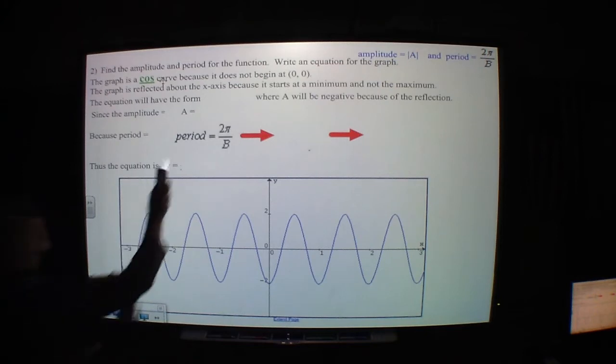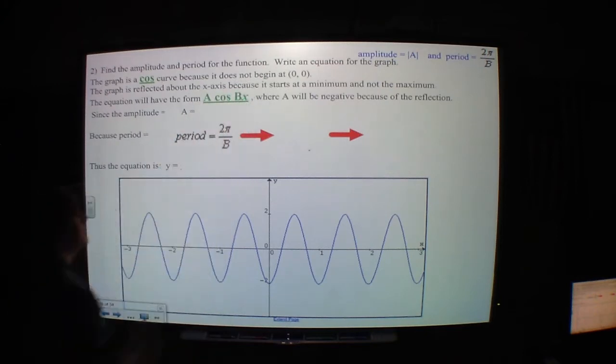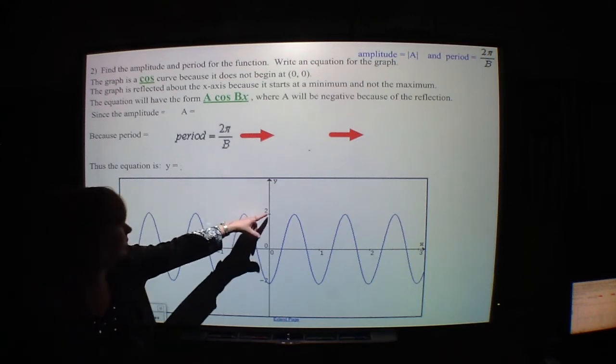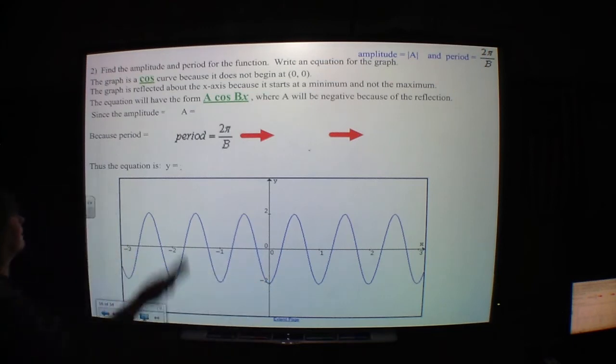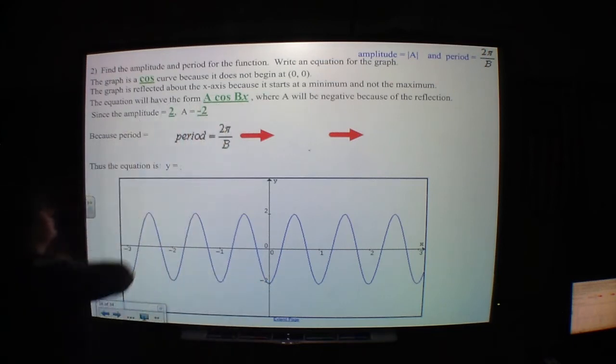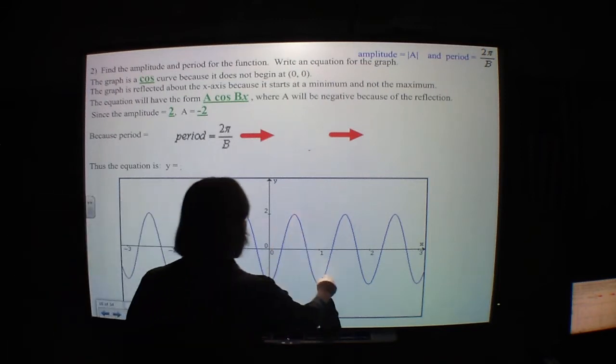So the equation will have the form A cosine of bx. A will be negative because of the reflection. When you look here, the amplitude goes up to 2 and down to negative 2, so the amplitude is 2. So A is negative 2. Period is 2 pi over b. And when you look at this, the period actually looks like it's 1.